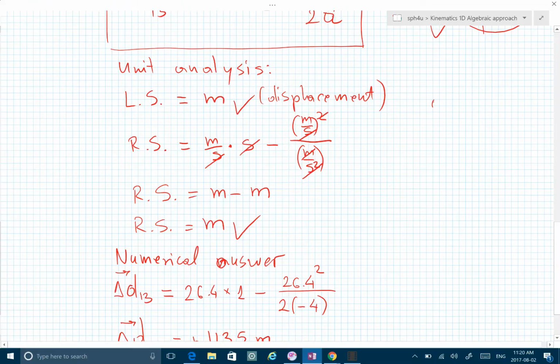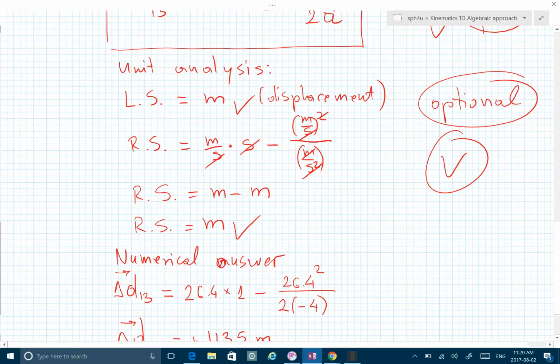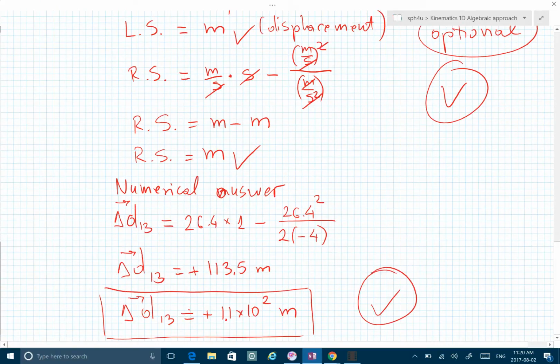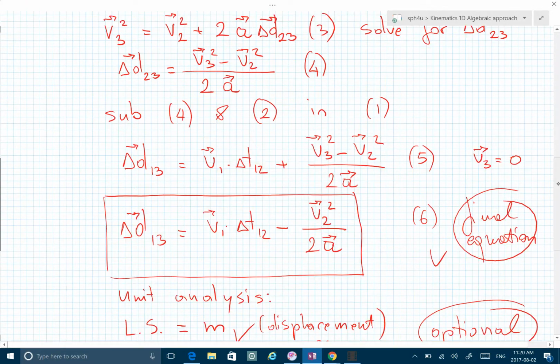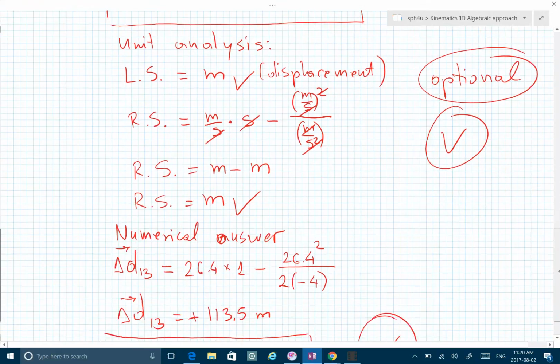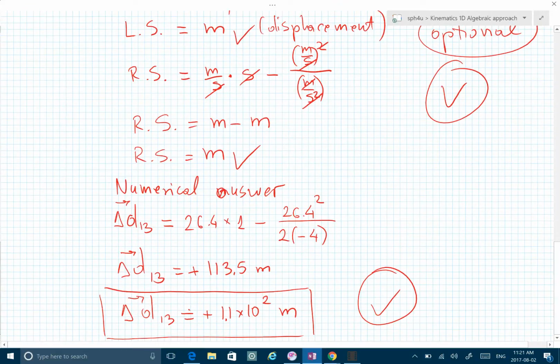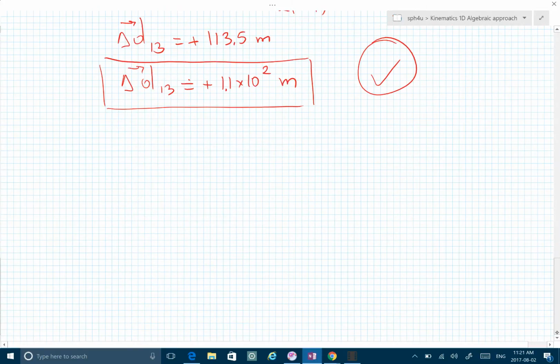If possible, that would make me very happy. I want to see the unit analysis and just the final answer, right? So everything that I didn't put a check on, I don't really care. I don't want to see them. So if you notice, I have 1, 2, 3, 4, and 5 checks. All right. So make sure that you do that when you solve a problem. And if you're not sure, just go back to this video again.